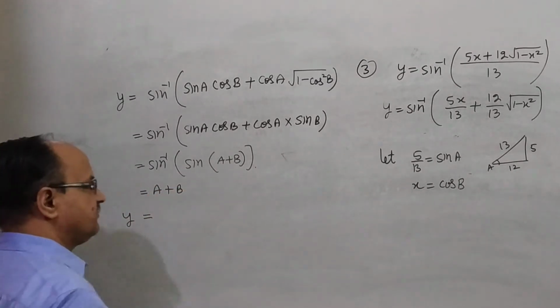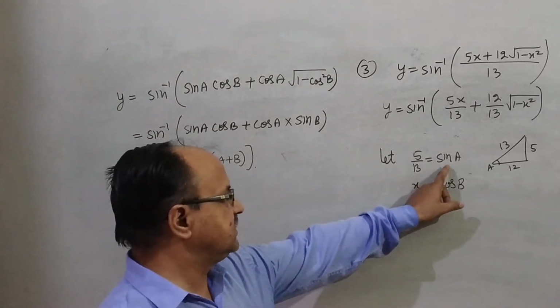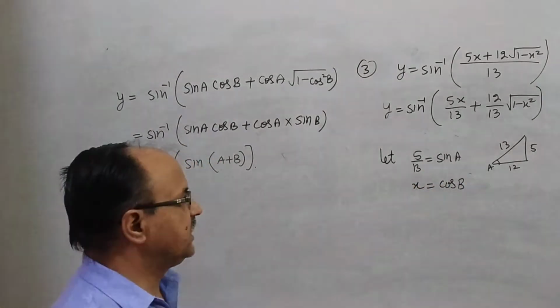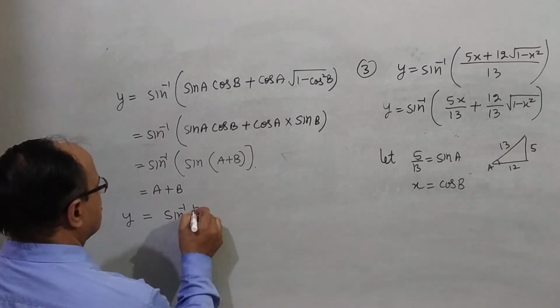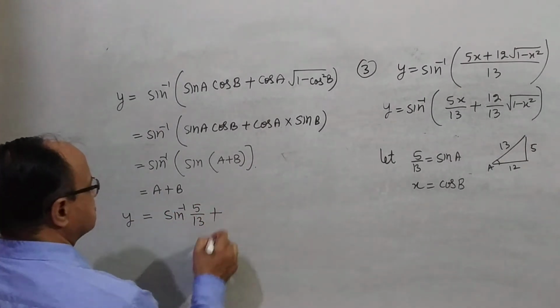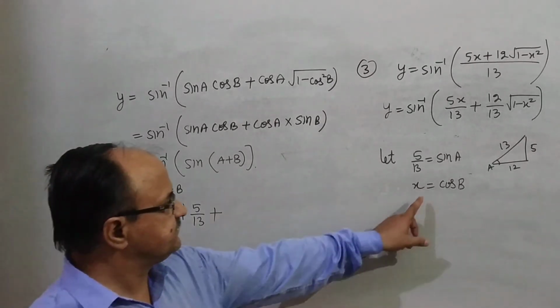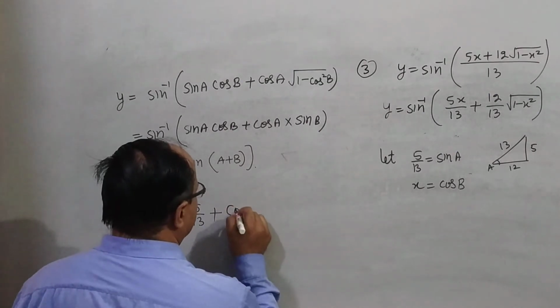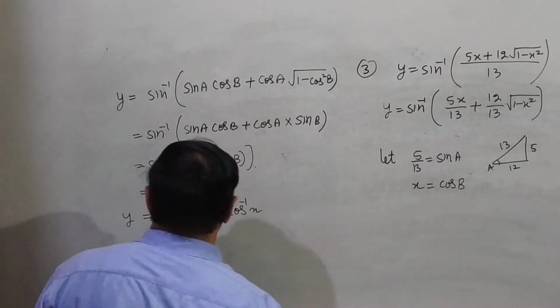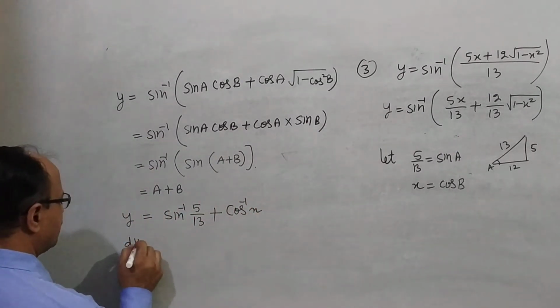Now can you tell me from here what is the value of A, and what is the value of B? Value of A is sin inverse 5 by 13, and the value of B is cos inverse x.